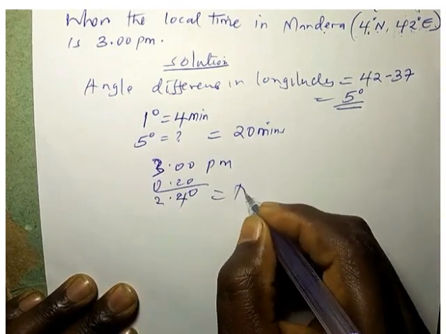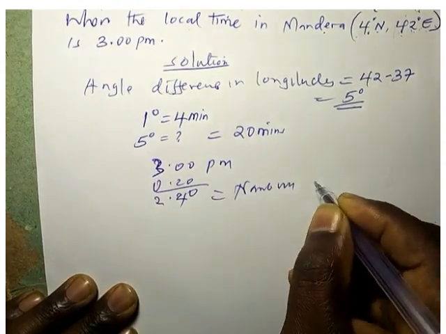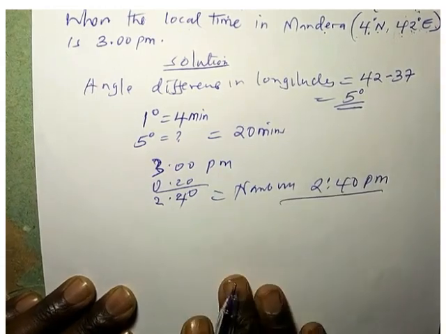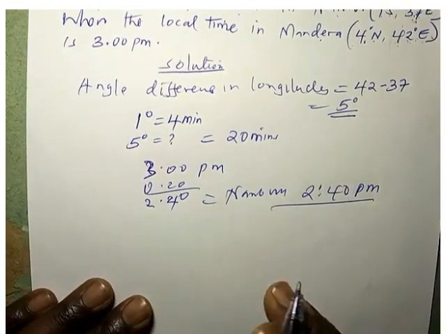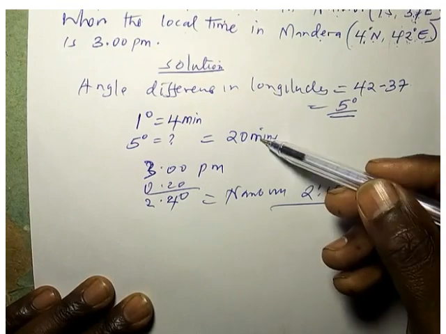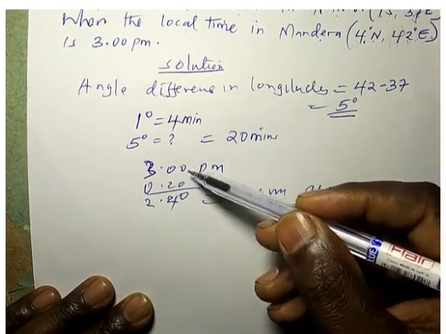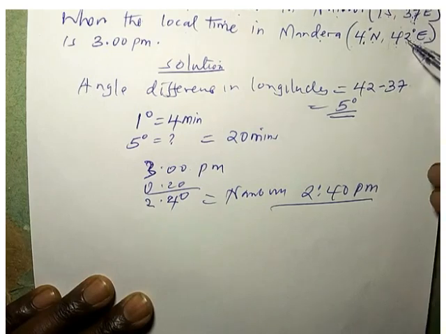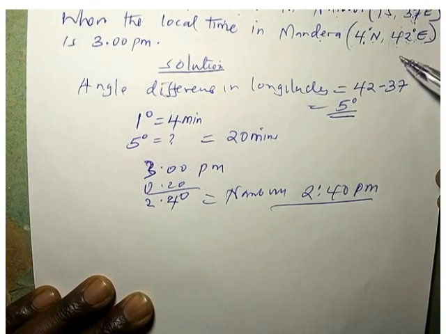So Nairobi will be 2:40 p.m. If we were getting a place ahead of Mandera, we would add the time. This 20 minutes, we add if it is ahead of Mandera or to the east of Mandera. If, for example, it was 50 degrees east.